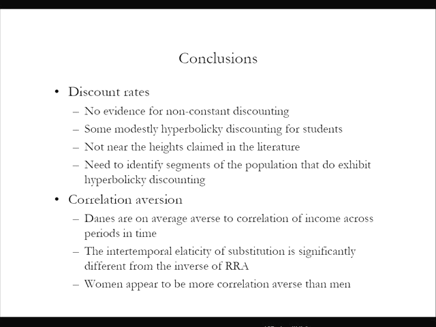What we can do is certainly look at other specifications than the exponential one once we also control for correlation aversion. And that is something that we want to look at next. We can maintain what's outside the bracket here and control for this sigma parameter, and then have more flexible specifications for the delta one here.